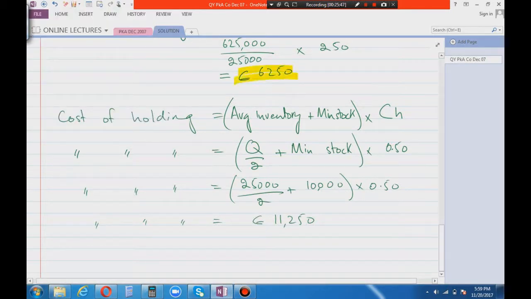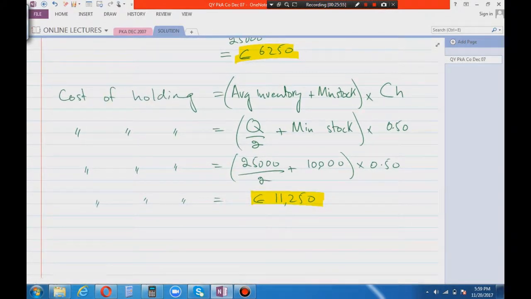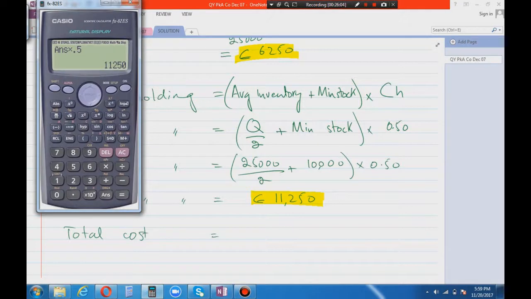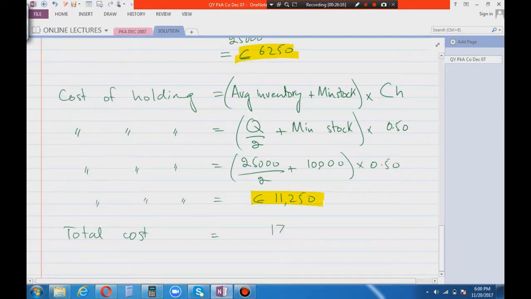So total cost of ordering is 6,250, total cost of holding is 11,250, and when you add them together it will give you a total cost using economic order quantity, 11,250 plus 6,250 will be 17,500.